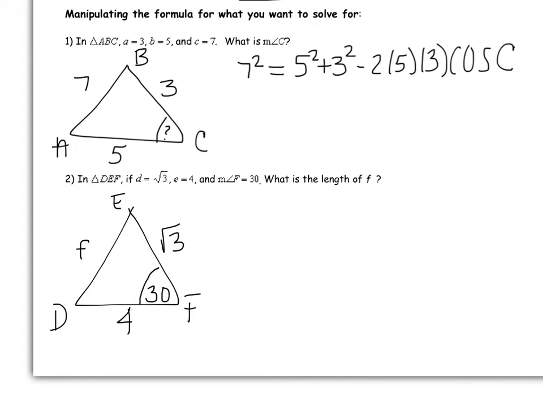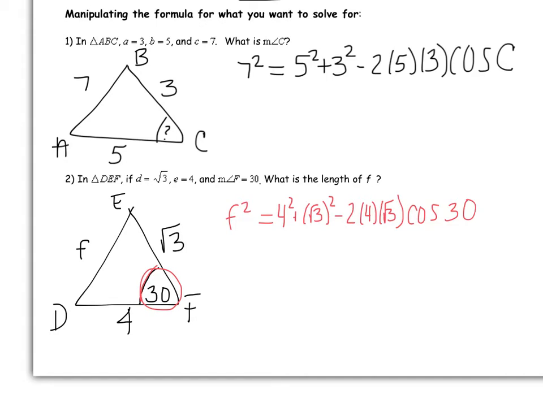So since the 30 is given here, the formula is going to have at the end cosine of the 30, the only angle that's given. So what needs to go on the other side? F. So F squared. And then you just take the other two sides and square them. So 4 squared plus radical 3 squared minus 2 times 4 times radical 3, and then cosine of 30. So this is how we would set them up.